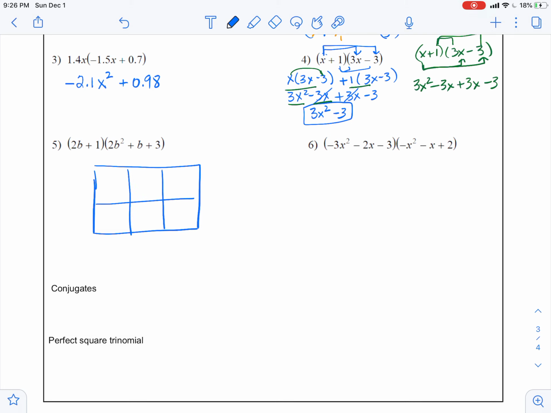And it doesn't matter which way you write. In other words, I'm going to put my 2b and my plus 1 here, but I could have turned my box. This is 2b squared plus b and plus 3. Do put your signs in front of your numbers or variables or whatever it happens to be.